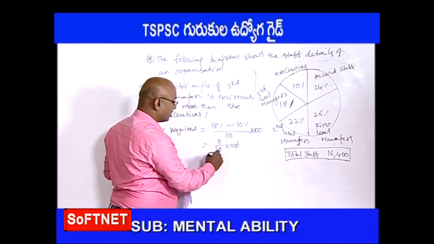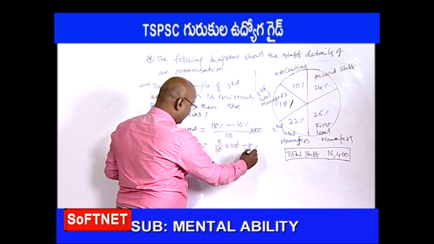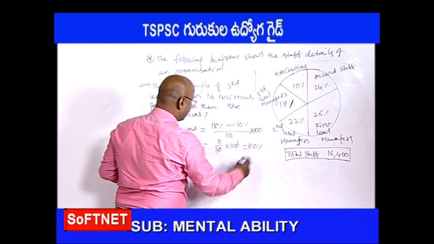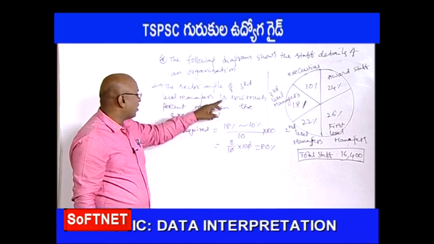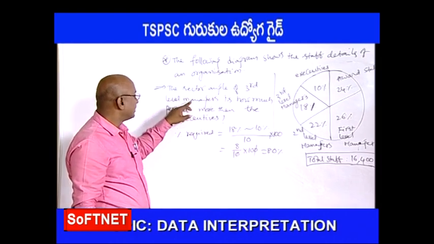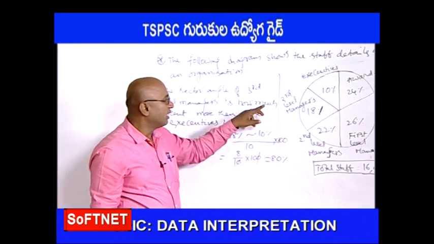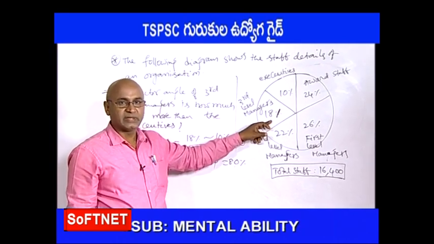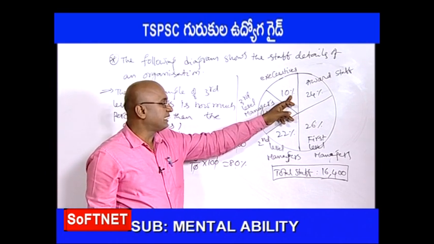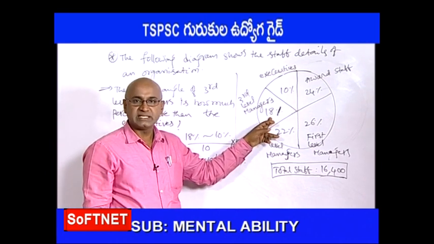8 tens are 80, so 80%. So the sector angle of third level managers is how much percent more than the executives? The third level managers are 80% more than the executives. Without doing the problem also we can say this answer. It is 10 and it is 18, so the difference is 8.